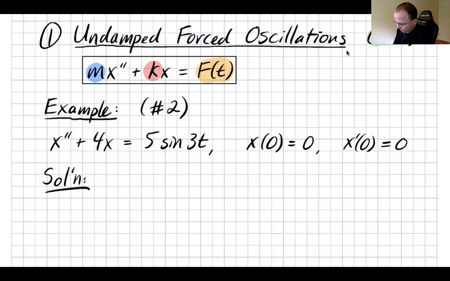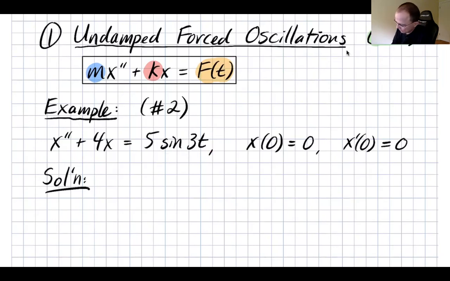So here we have our mass spring system, and the external force is given by 5 sine 3t. So 5 is like the magnitude, or the amplitude, of the external force, and this 3 is indicating what the frequency of it is.